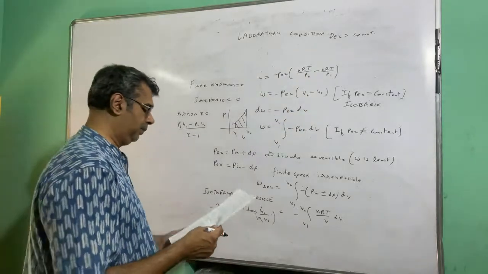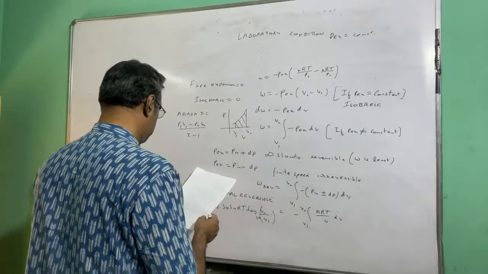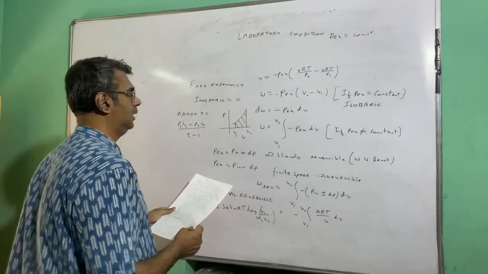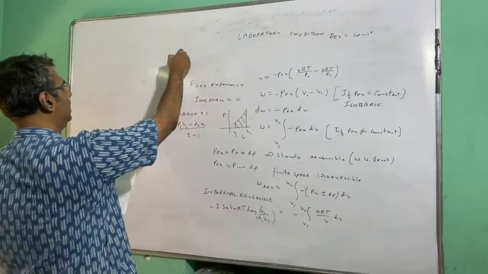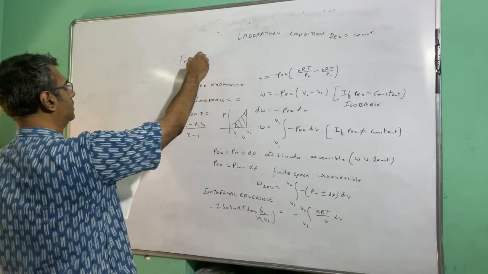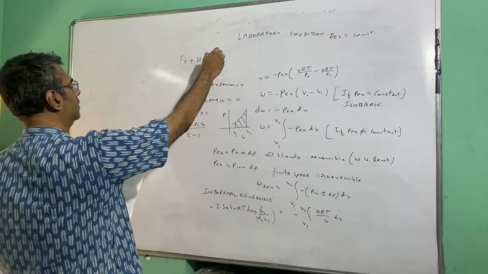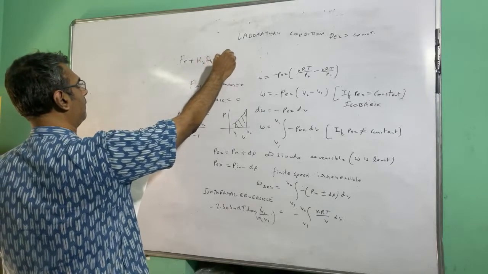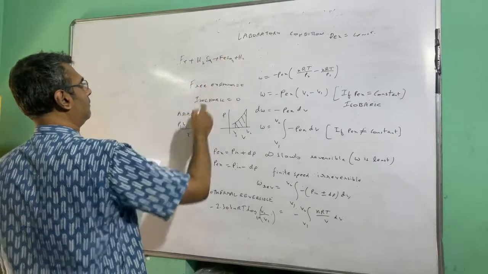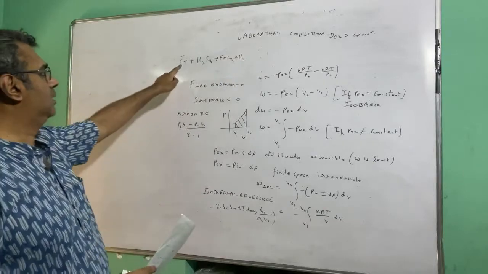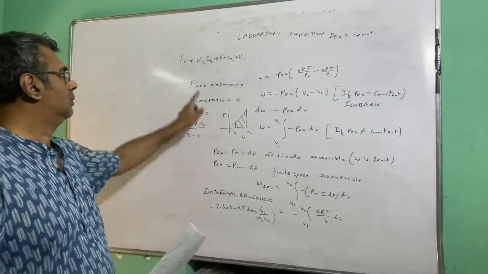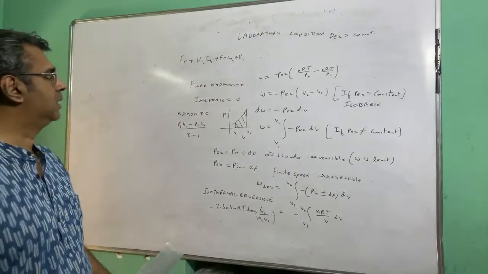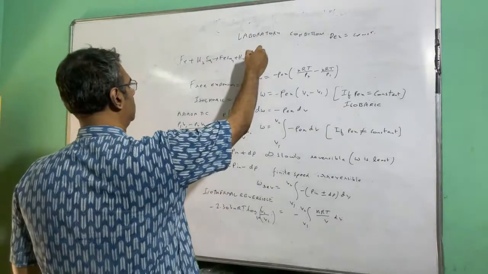That is number one. Number two, suppose I am doing a reaction like this, Fe plus H2SO4 gives FeSO4 plus H2.